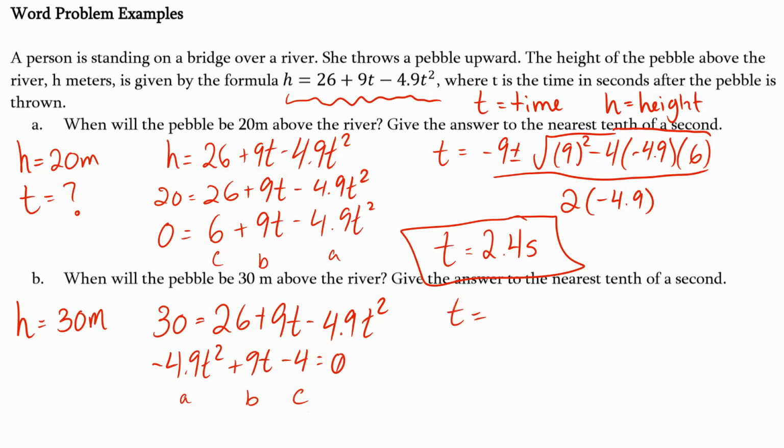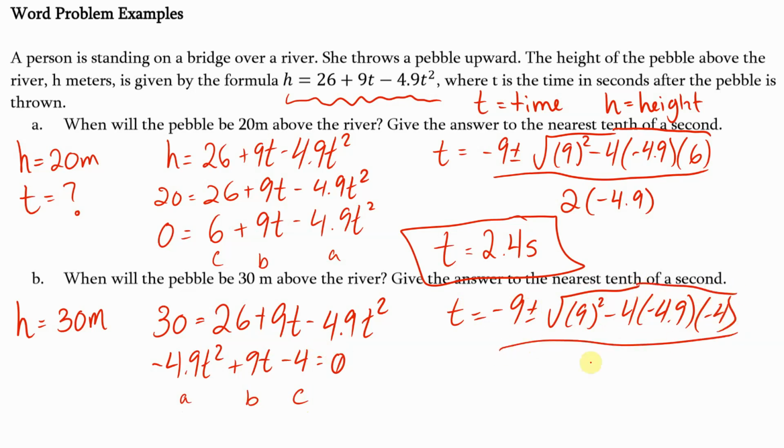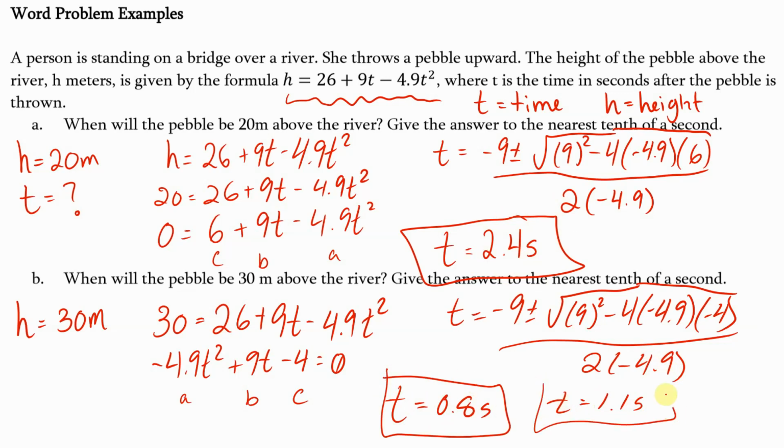So we can again use the quadratic formula, and we will get, this time, two answers. We'll get 0.8 seconds and 1.1 seconds. The reason we didn't use the second answer up here is because it was negative, and we cannot have a negative time. So here we get two positive values.